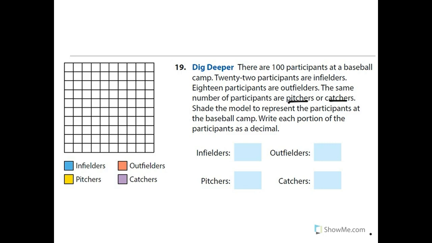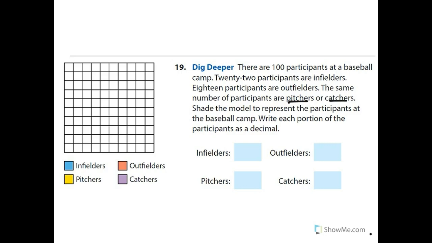Write each portion of the participants as a decimal. Alright, I want you to go ahead and do that. If you don't have colored pencils at home, you can just shade it in with different shades of your pencil. But at school, I should have given you some if you don't have any of your own. Alright, so go ahead and do that, and then we'll go over it.